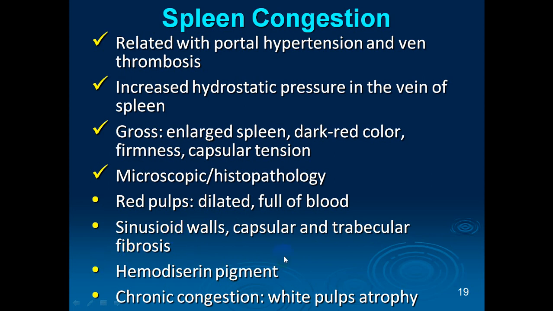It means there will be many hemosiderin-laden macrophages or hemosiderophages. And pressure from the enlarged sinusoids and enlarged blood vessels will also exert prolonged pressure on the white pulp, and the white pulp will be atrophied in the late stage of the event.